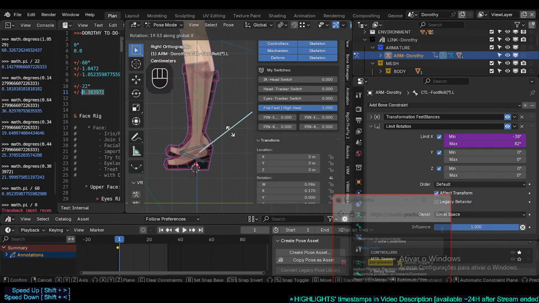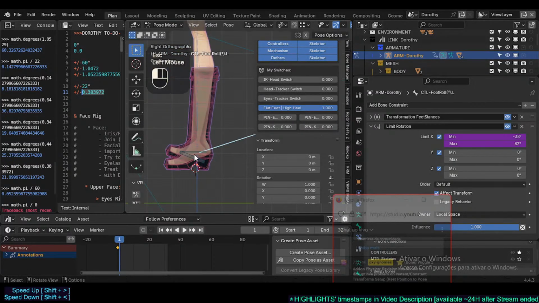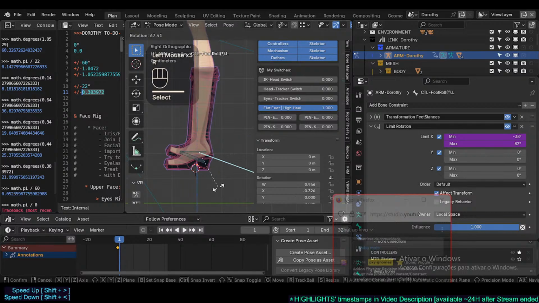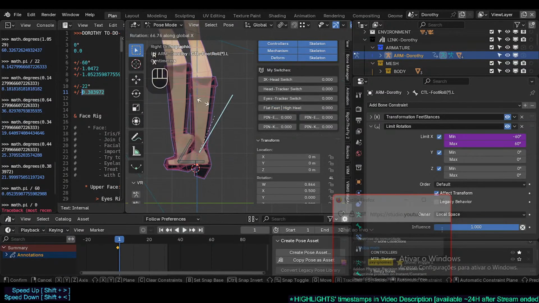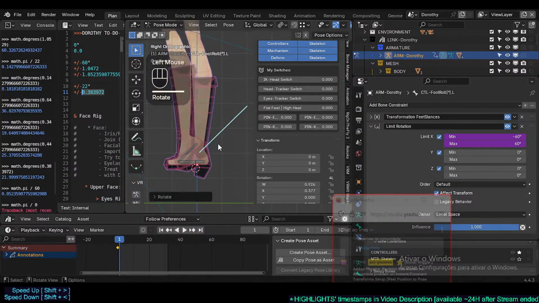Interesting. So I can't rotate the other way around, with this limit here.